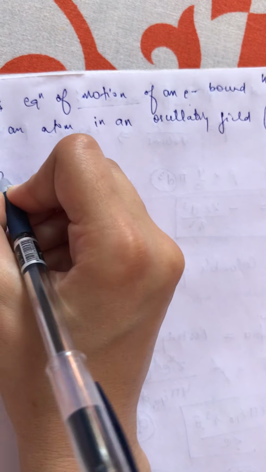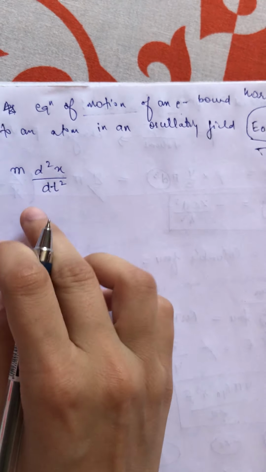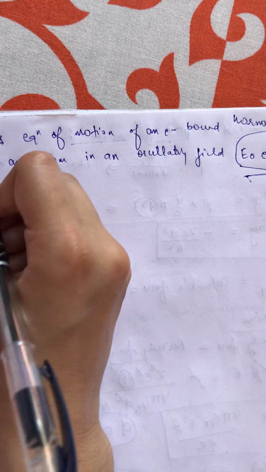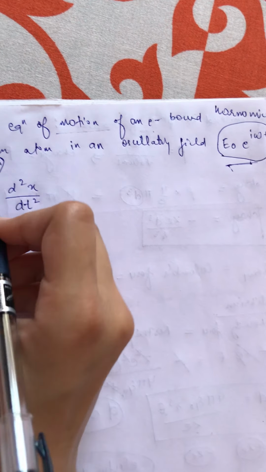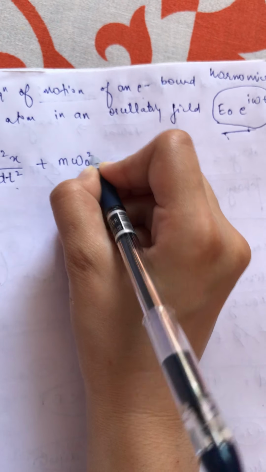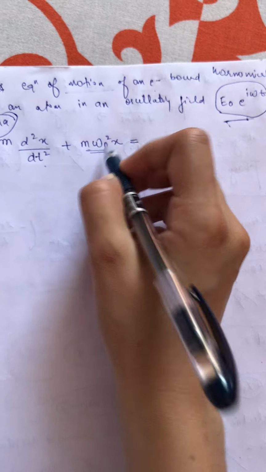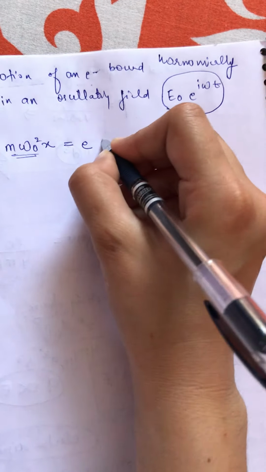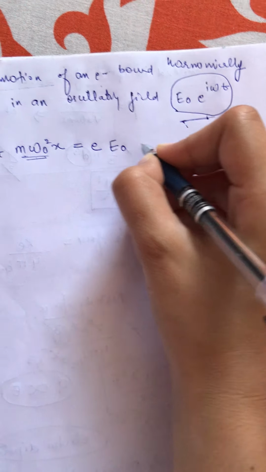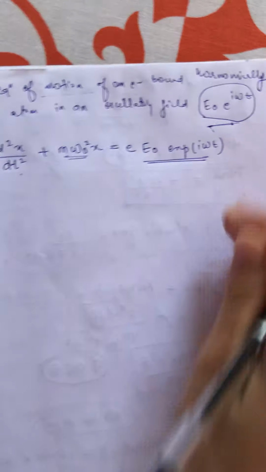So we know that the equation is m into d2x by dt square. This comes from F is equal to m into a, plus m omega naught square x. This is the force when the electric field was not there, and it is equal to e into E naught exponential iota omega t, which is the electric field applied.